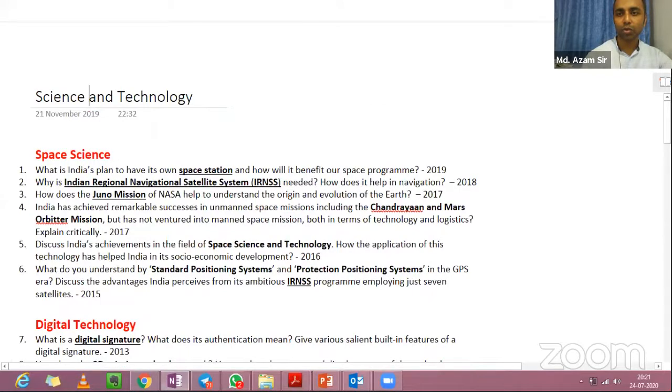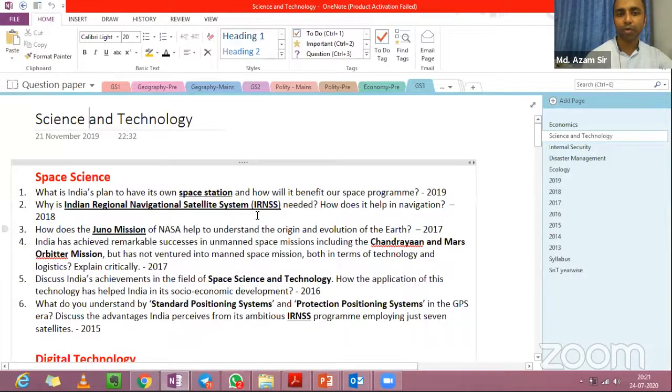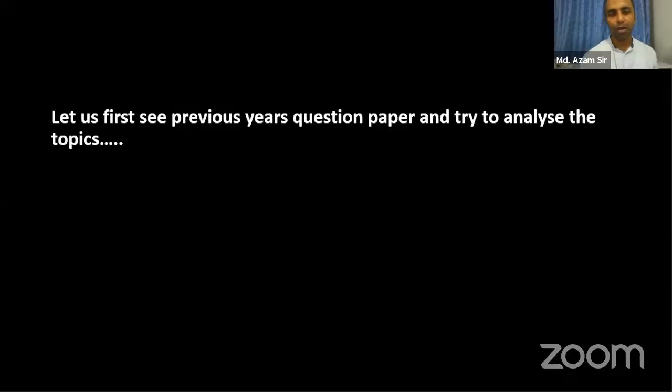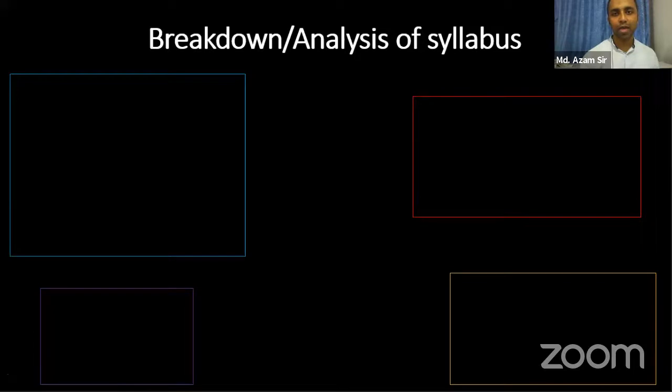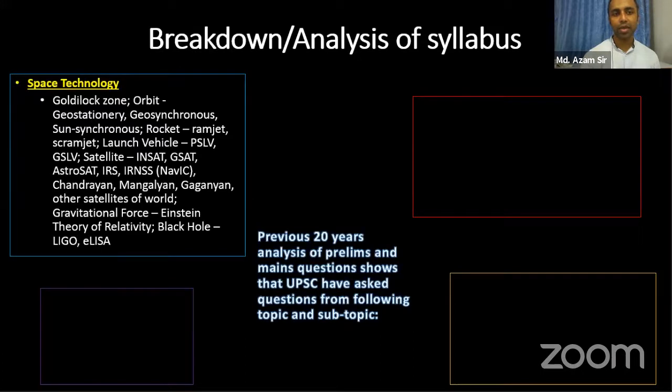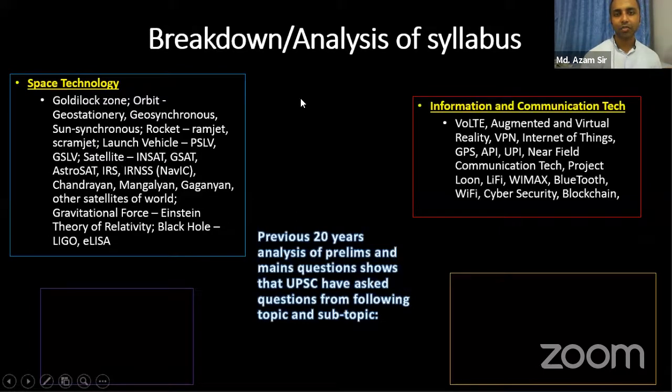So having gone through the previous years' question papers of prelims and mains, let us proceed with our talk. Over here you can see that having done the breakdown or the analysis of the syllabus and the previous 20 years' question papers of mains as well as prelims, we realize that there are topics like space technology, which has mostly got satellite related questions.